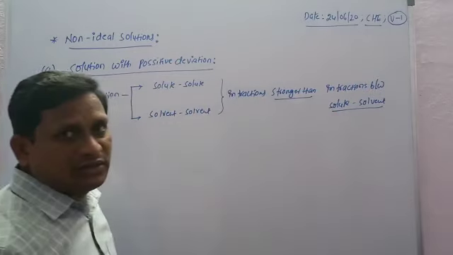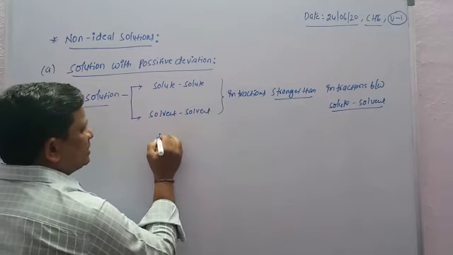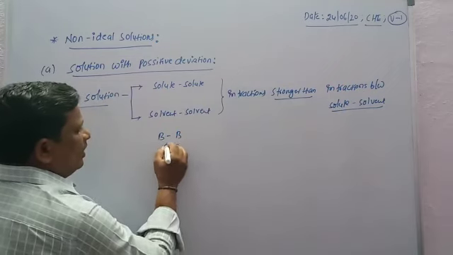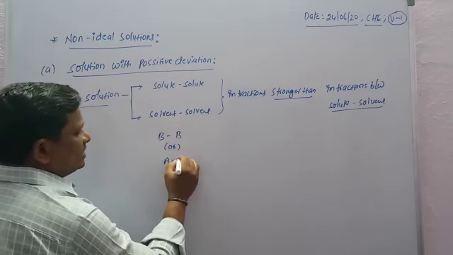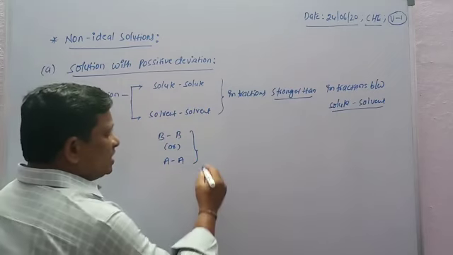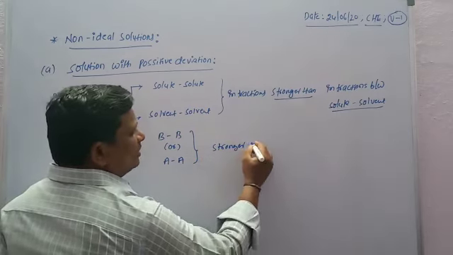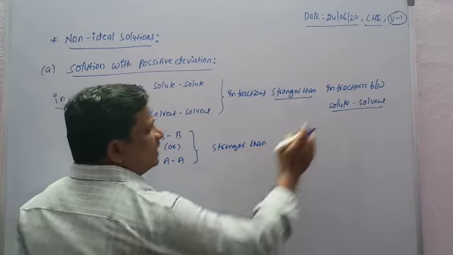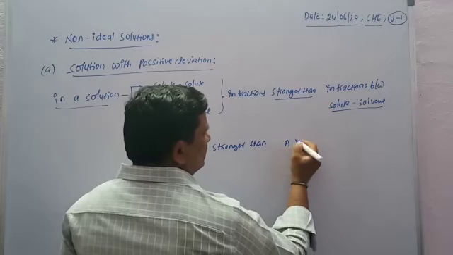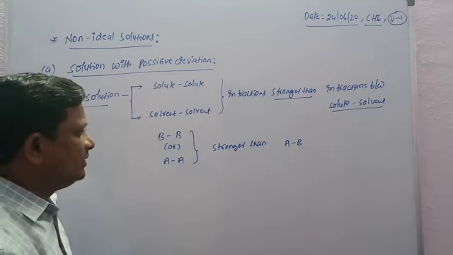Simply, solute interactions, that is BB interactions, or solvent interactions, AA interactions, are stronger than the interactions between solute and solvent.